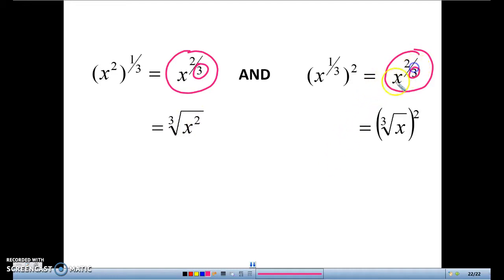Or you can take the third root of your x, which we did here, and then apply the exponent to the whole thing. Whichever way you approach it, you're going to get the same answer. Now we have an activity in small group that will show you one way is easier to deal with than another. And it's going to be your preferred method.